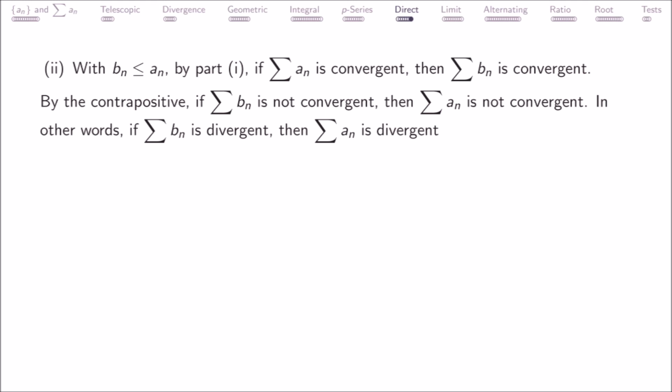With b_n less than or equal to a_n, by part 1, if series a_n is convergent, then series b_n is convergent. By the contrapositive, if series b_n is not convergent, then series a_n is not convergent. In other words, if series b_n is divergent, then series a_n is divergent.